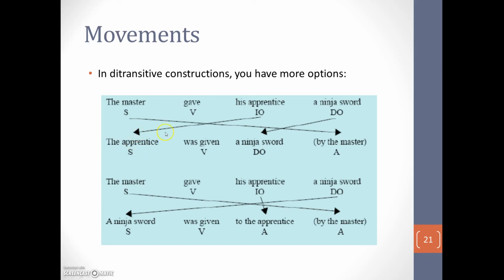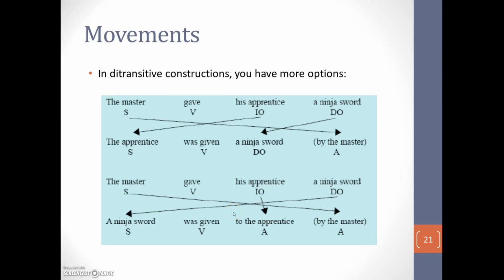Again, we keep the verb, and then the ninja sword, which was the direct object in the active voice sentence, remains the direct object in the passive voice. And then we have finally by the master. Here we have the original subject, the master, which we put into this optional category. So that's one way of doing it.